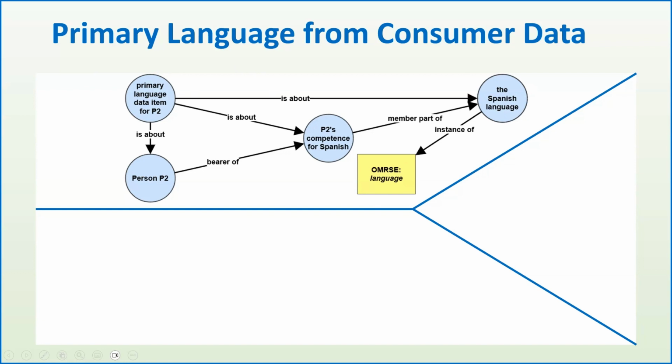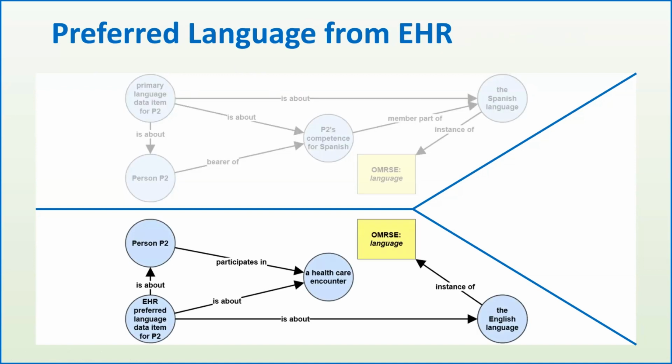And so if we are integrating this with EHR data, then from that data, we might have, for example, a preferred language data item. And while primary language is the language the person is most skilled at using, preferred language is sort of contextual, and it's the language that a person has selected to use in the context of a certain interaction with someone, a certain communication process, in this case, within the context of a particular healthcare encounter.